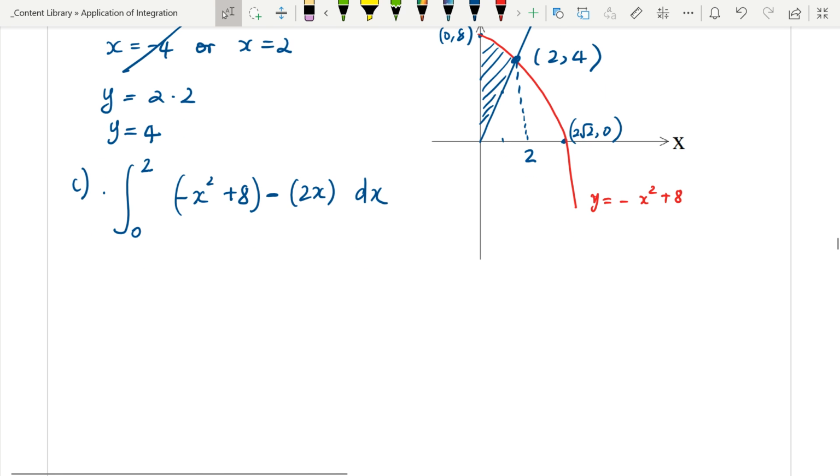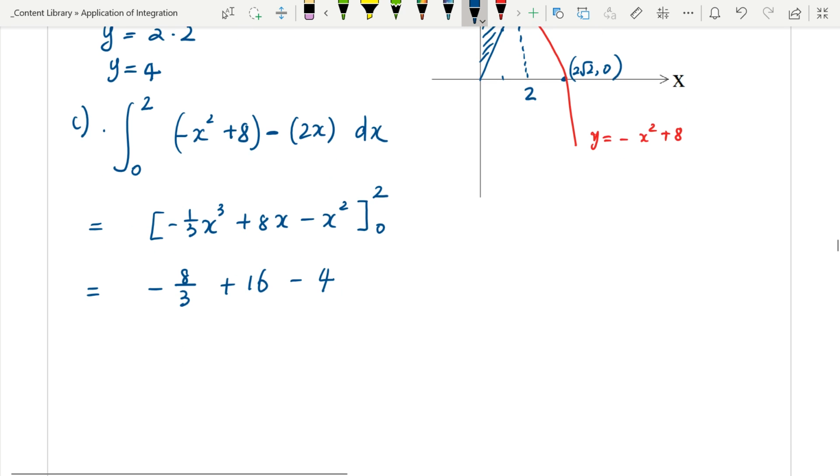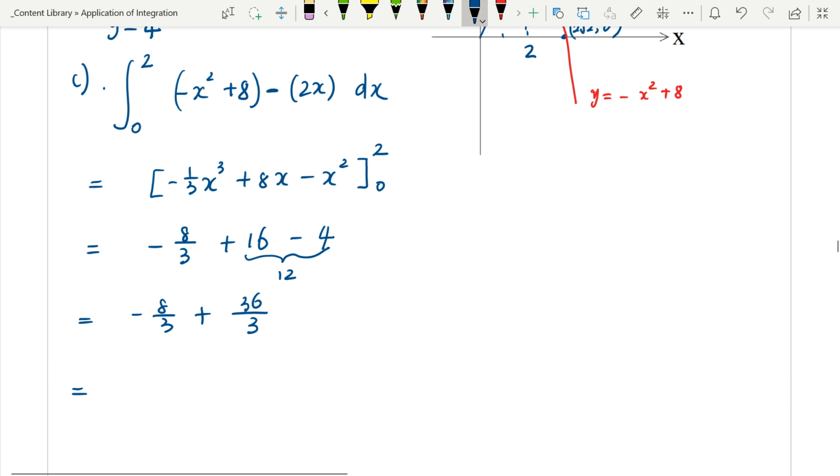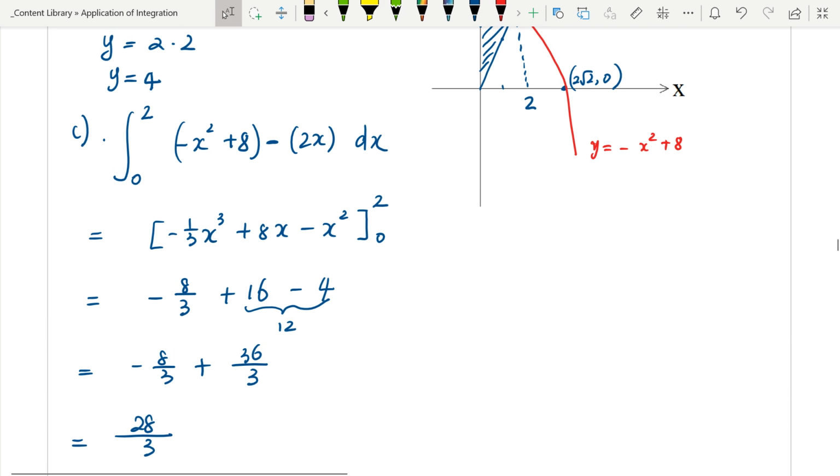We can work this out pretty easily. It's 28 over 3.